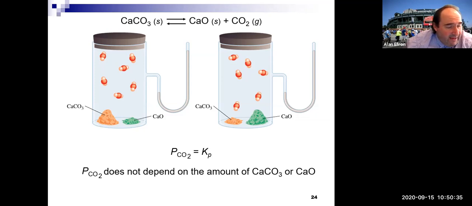Also, if you had a solid in a test tube with gas molecules floating around, it's not floating around with them, so it can't really participate or affect the equilibrium. Although you can see the amount of it can change, right? You can make more solid or less solid, but it really is not actively participating in the equilibrium, and that's why we don't include it in the expression.